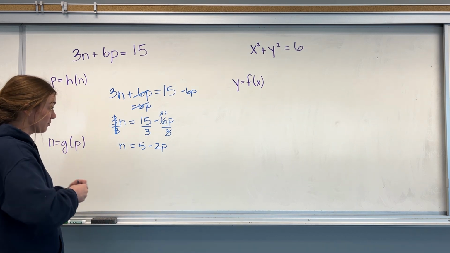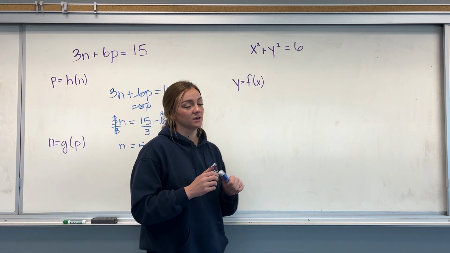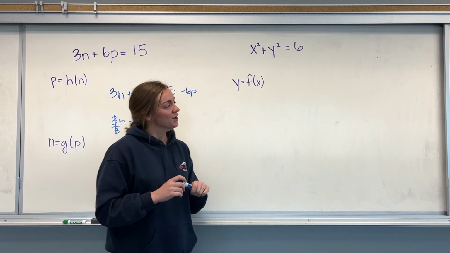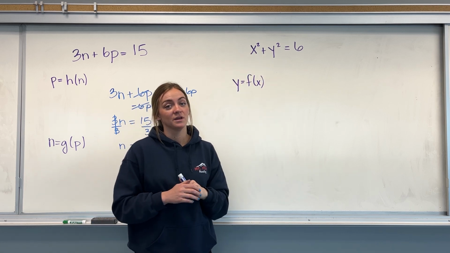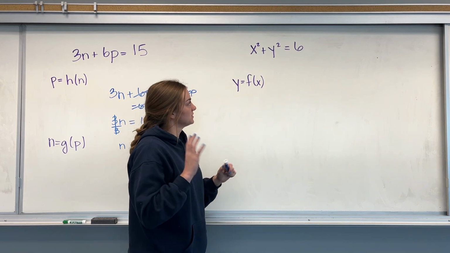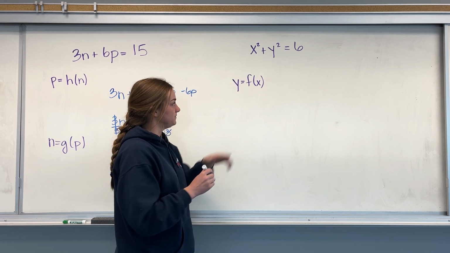But something you want to be wary of is if you do rewrite the equation, it may not be a function. So you might recognize these squares and how they were a problem in the last video because of when you rearrange it. Let's go ahead and rewrite it where y is a function of x. So we want y by itself.